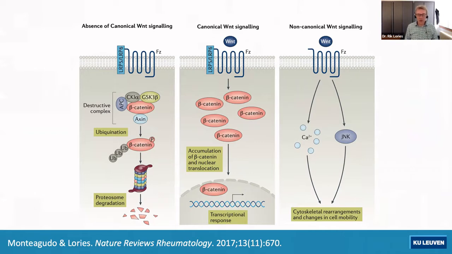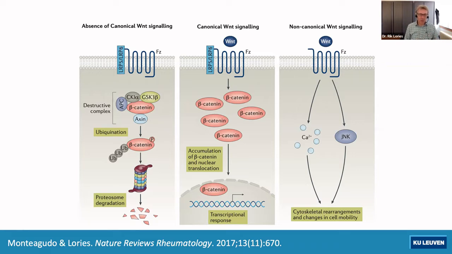In the nucleus, it is associated with very specific transcription factors and influences the transcriptional response. Under normal circumstances, when the cell does not see a Wnt signal from the outside, beta-catenin is caught in what we call a destruction complex, a multi-protein complex, leading to the ubiquitination of the molecule and its breakdown in the proteasome. So upon activation, you get the opposite effect.